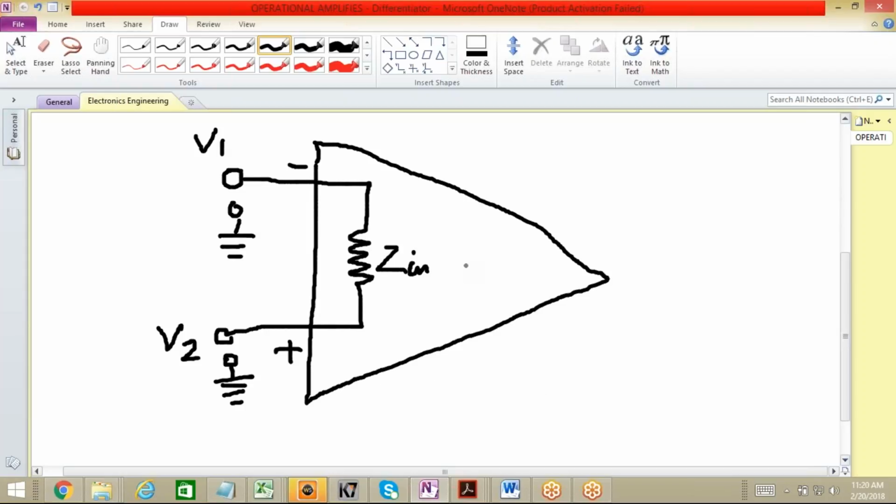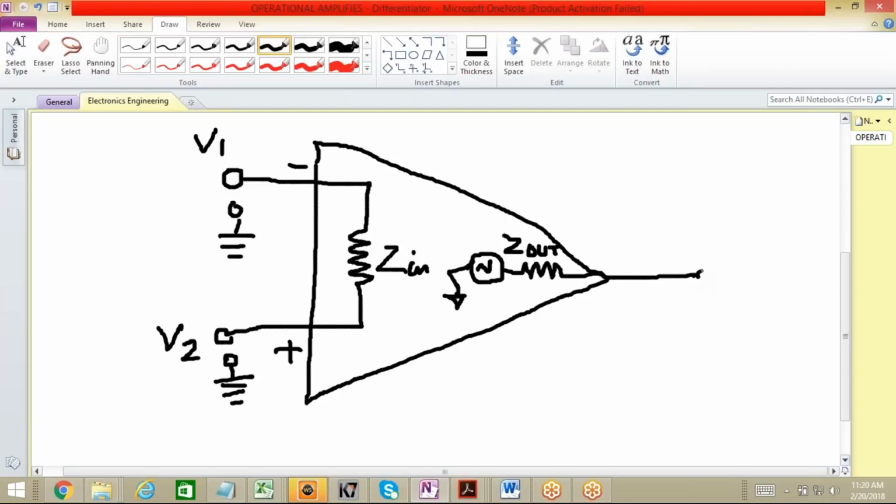Then we have the amplifier gain here. Again, this is set to ground, and then here we have output impedance. You can represent it as Z out. Clear?